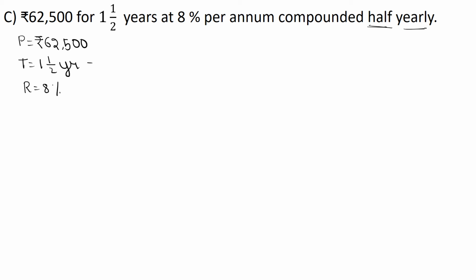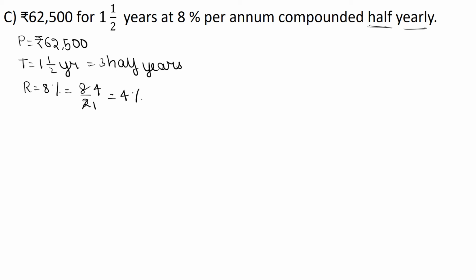Here 1 year means 2 half years, and we also have one more half year. Totally we get 3 half years, and here rate of interest 8%. We have to divide it by 2, 2 ones are 2, 2 fours are 8, that is 4% interest.